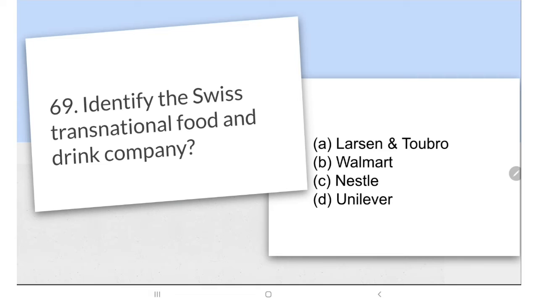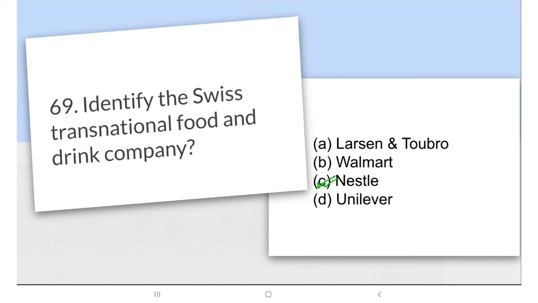Identify the Swiss transnational food and drink company. So Nestle is that. It is the Swiss transnational food and drink company. Let's see the rest of the options too. L&T is an Indian multinational company.